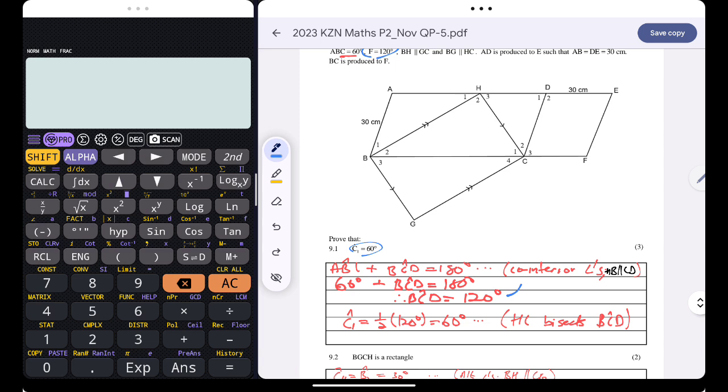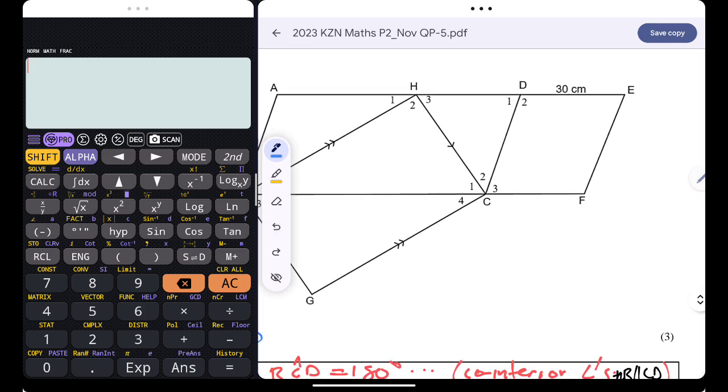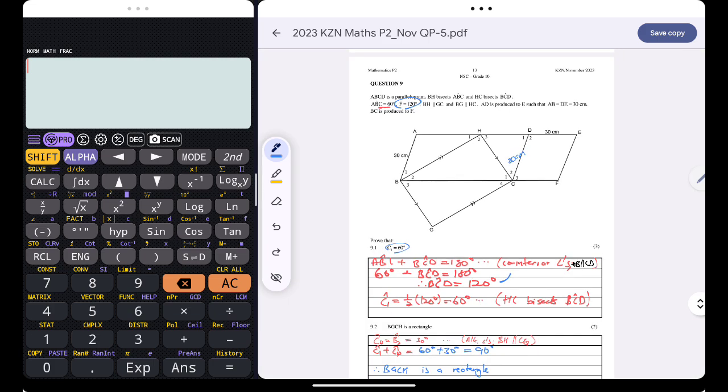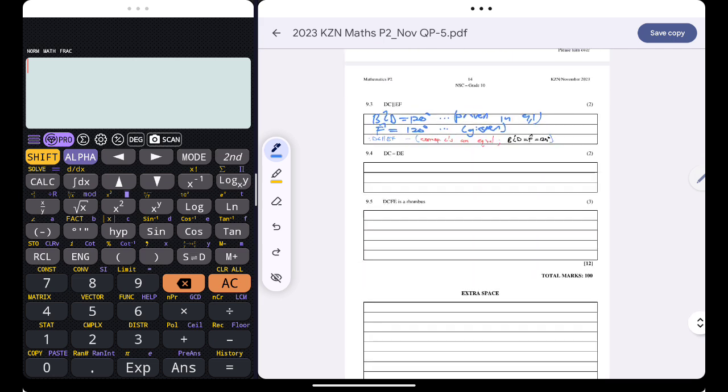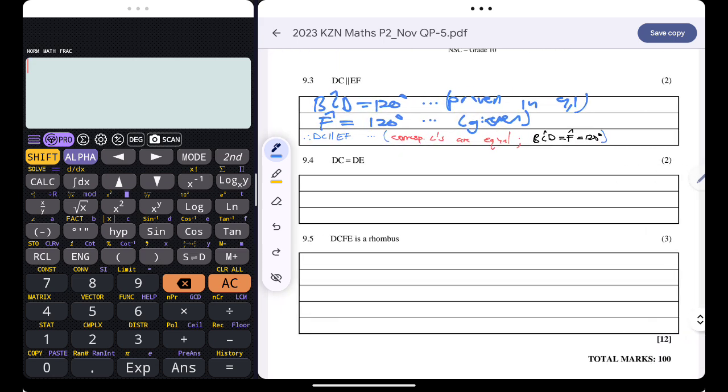Remember that the properties of a parallelogram are that opposite sides are parallel and equal. So if that's 30 centimeters, that means DC is also 30 centimeters. Are we together? Line DC will be equal to line AB, and both of them are 30 centimeters.